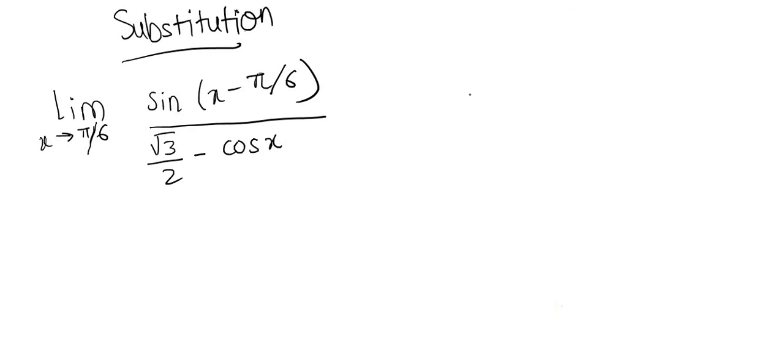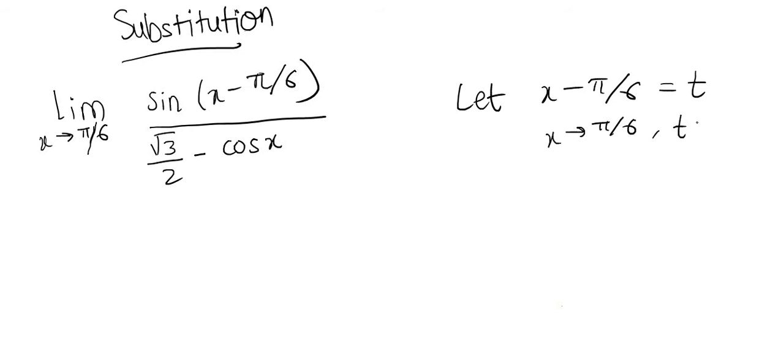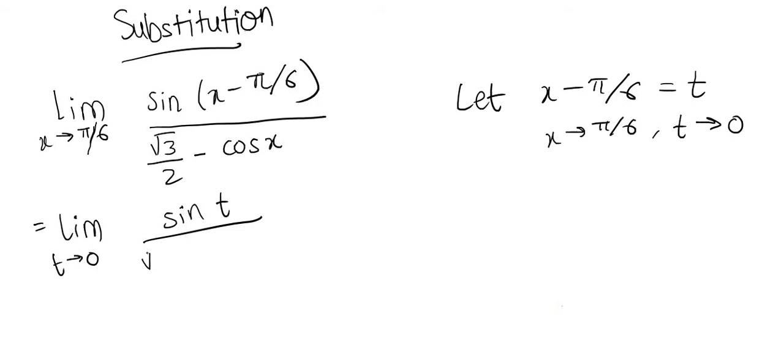So what you might want to do is instead do a change of variables. Change of variables works like that also. So let x minus pi by 6 equal t, and when x approaches pi by 6, t approaches 0. So I'm going to rewrite this quickly as the limit as t goes to 0 of the sine of t over root 3 by 2 minus the cosine of x, which is t plus pi by 6, sorry.